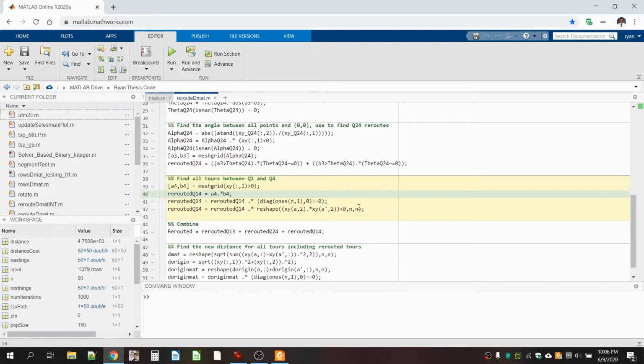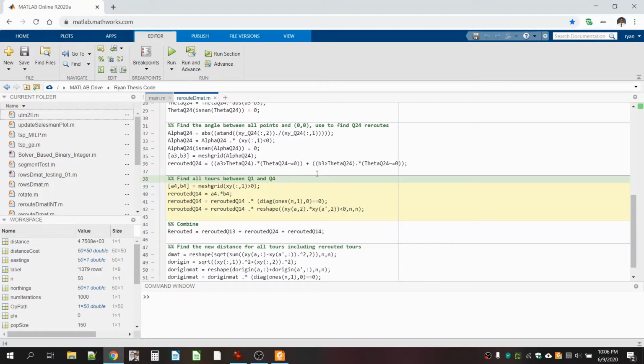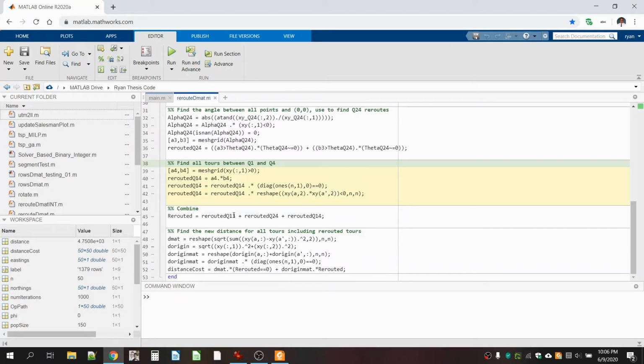So this section of code is just finding all those pairs of points that include a point from Q1 and Q4. So now I'm combining into one giant matrix all of the paths that need to be rerouted.